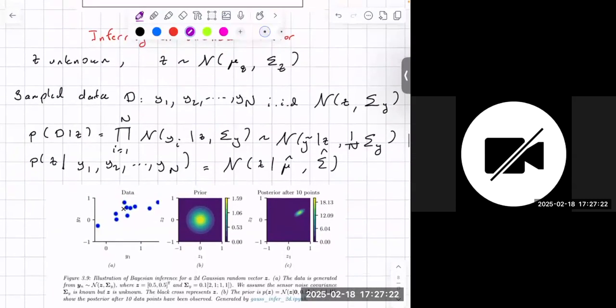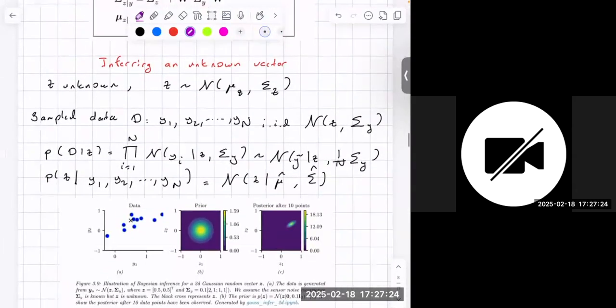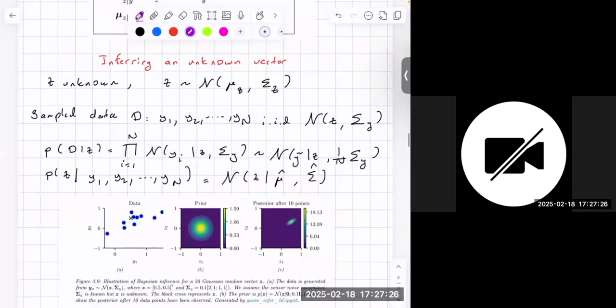The next application gets very close to what you had in mind, I think. So now you are trying to capture something unknown to you. Z is a vector, I'm sorry, that you don't know. You're going to do some measurements on it, and you're going to try to estimate your best bet on this vector. You're literally trying to locate something. Let's say you have radars or sensors. You have measurements.